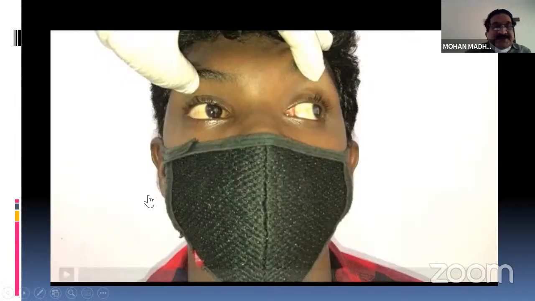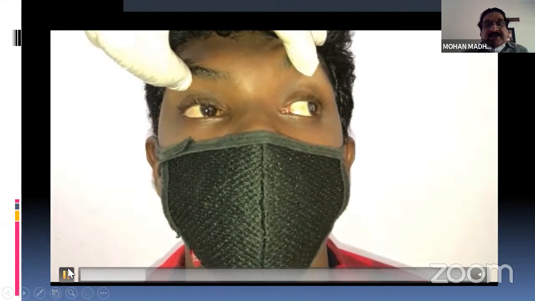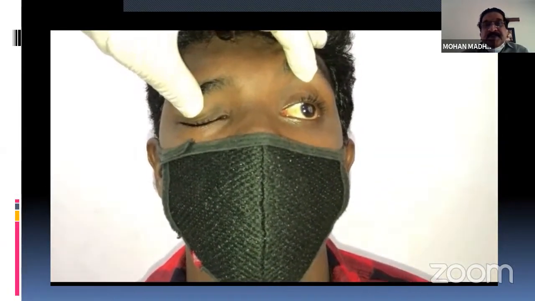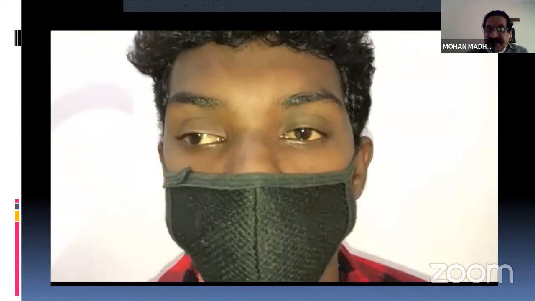Let us see this particular patient now. I am blocking one eye. He's fixing with the left eye now. Fixing with the right eye now. Okay. The deviation is equal.